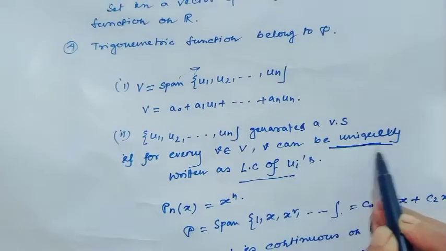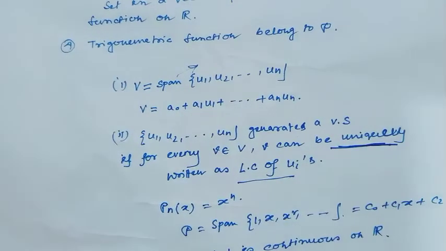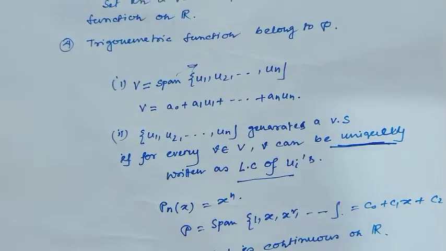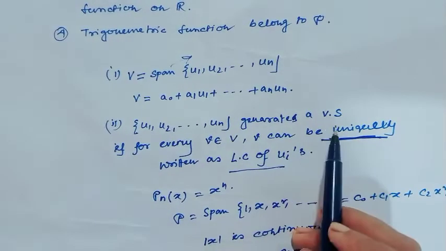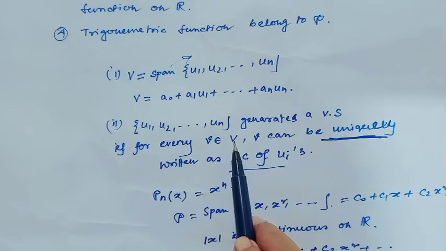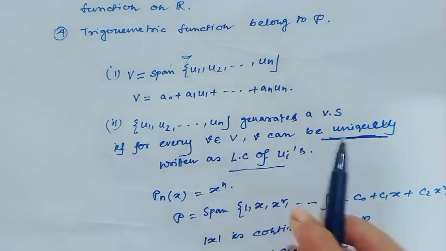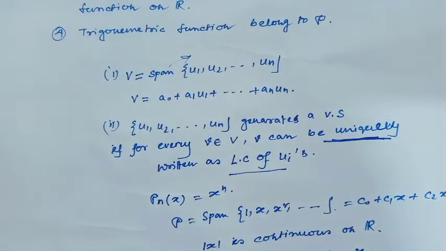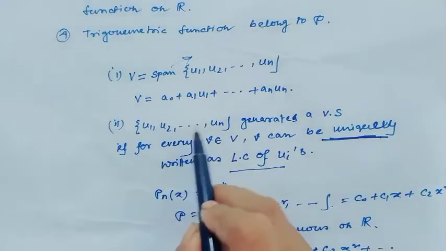Here this is very important. This set is a vector space when every vector of the vector space can be written uniquely as a linear combination of the vectors ui.